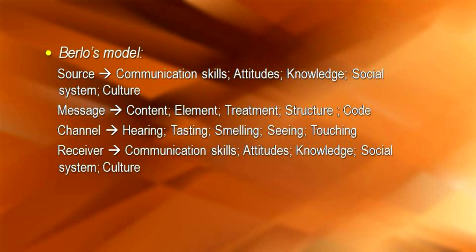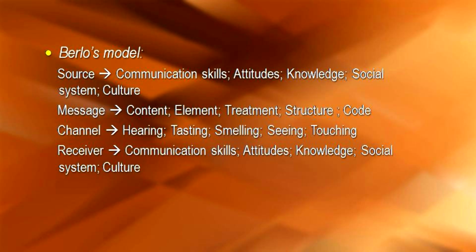The source will have certain kinds of communication skills, a certain kind of attitude towards the subject that one is talking about, certain kind of knowledge, certain kind of social system, certain kind of culture, right? So these are the various aspects which come into the personality, or the perspective, of the source.